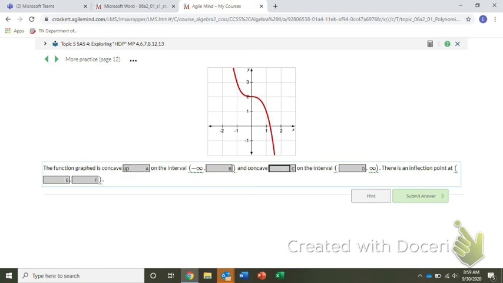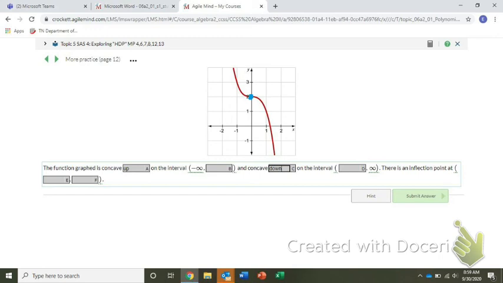And then it goes concave down from here to here on the interval blank to infinity. There's an inflection point at, well, my inflection point looks about right there.